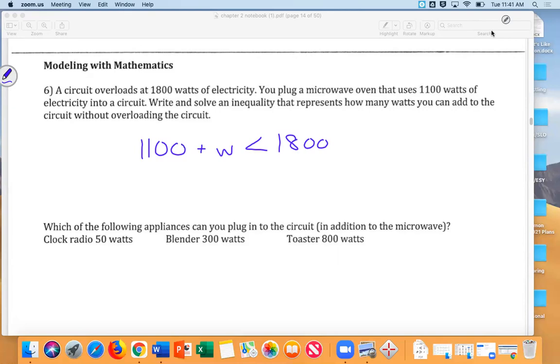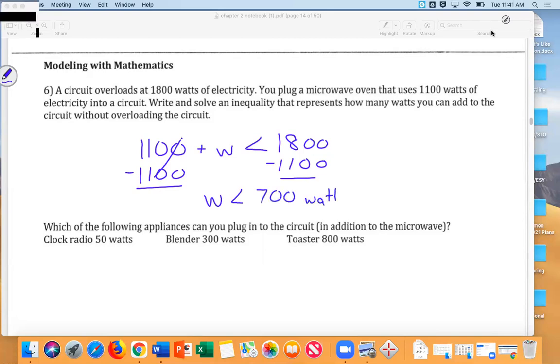You can't run it. So this is the inequality that we just created. Now, how would you get rid of plus 1100? Minus 1100. And Ava, what this will tell me is that I can plug something into that circuit that uses less than 700 watts.